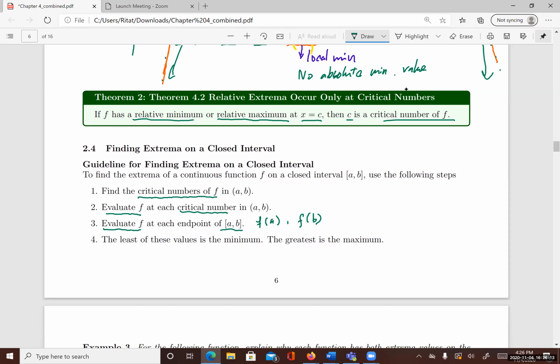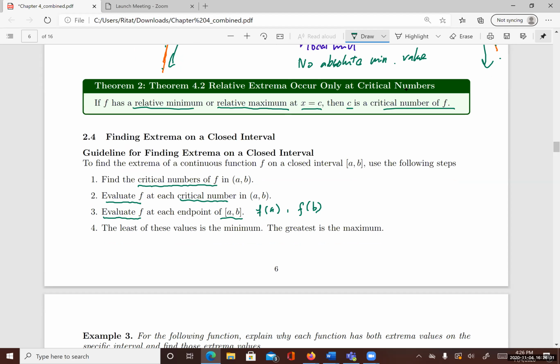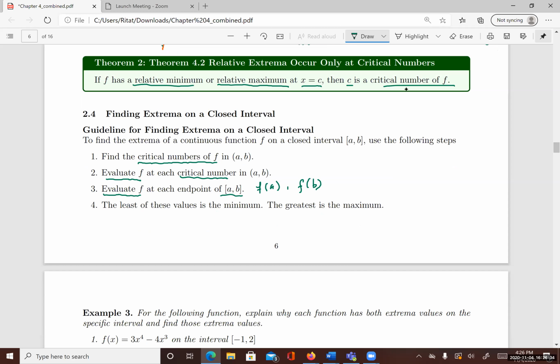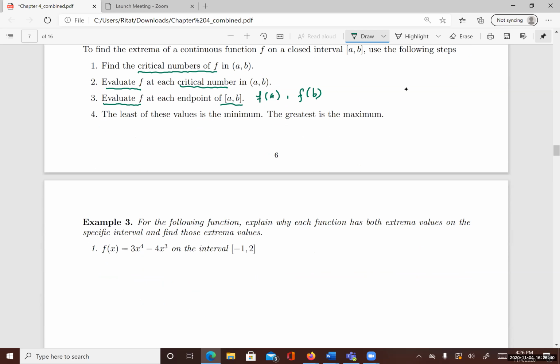The least of the values will be the minimum, and the greatest will be the maximum value. So find all the critical values, evaluate the function at those values and at each endpoint, and compare them to find the least number and the greatest number as the absolute minimum and the absolute maximum value.